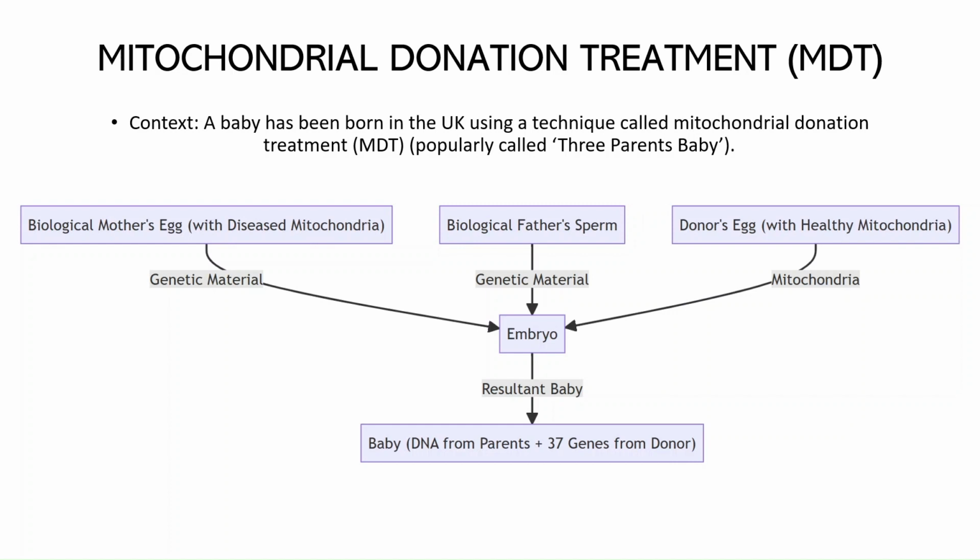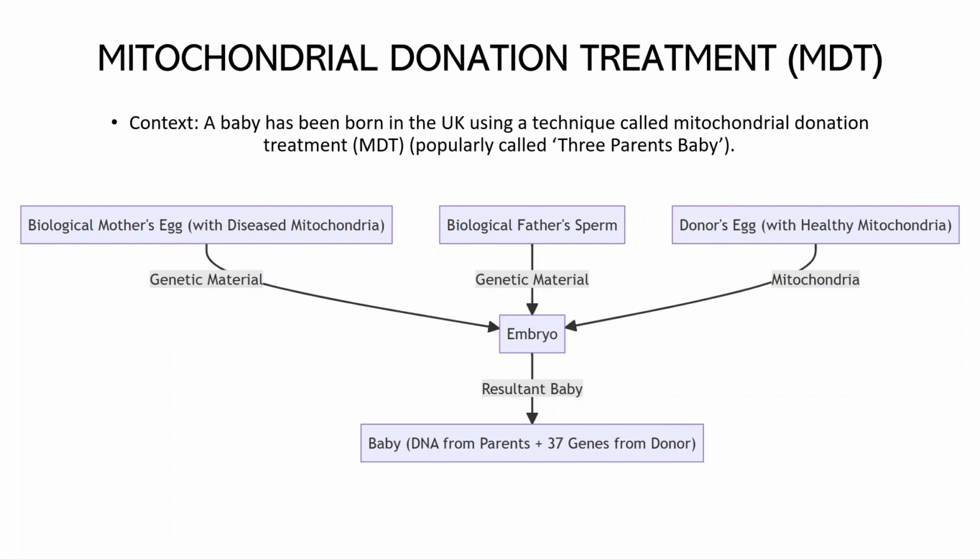MDT is a revolutionary technique where a child is conceived through in vitro fertilization or IVF, which combines genetic material from the parents and a healthy mitochondria from a donor. This helps prevent passing on of the mitochondrial diseases from the mother to the baby, right? The baby carries DNA of both the parents and a small amount of genetic material from the donor as well, which results in a healthier life for the baby.